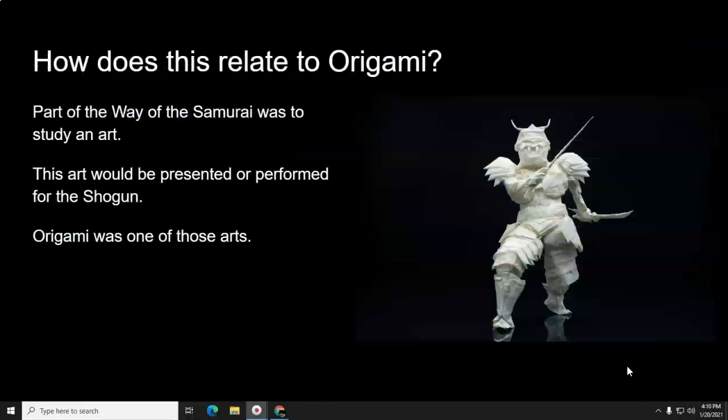And how this relates to origami, part of the way the samurai was to study an art that would have to be presented or performed in front of the shogun as part of their testing.